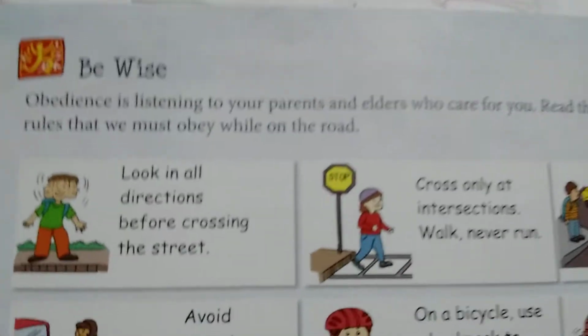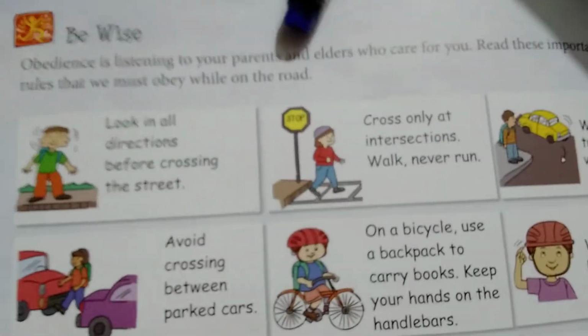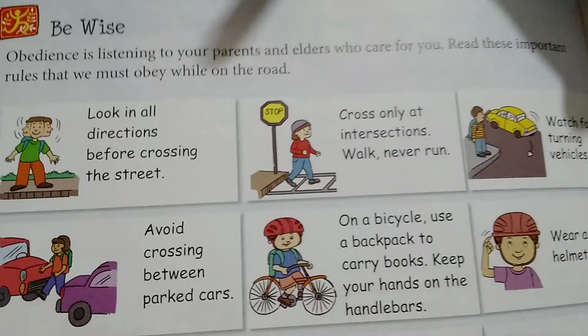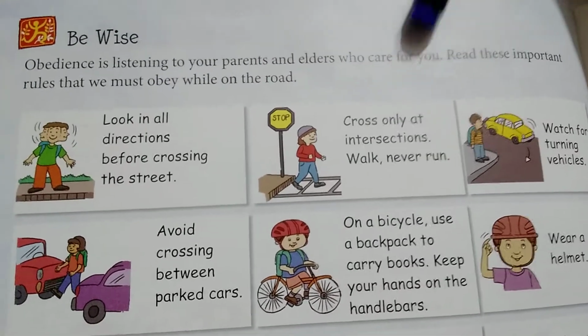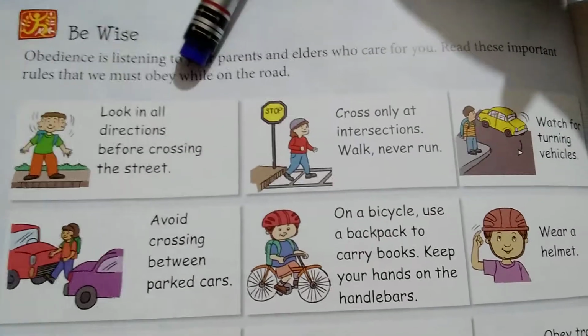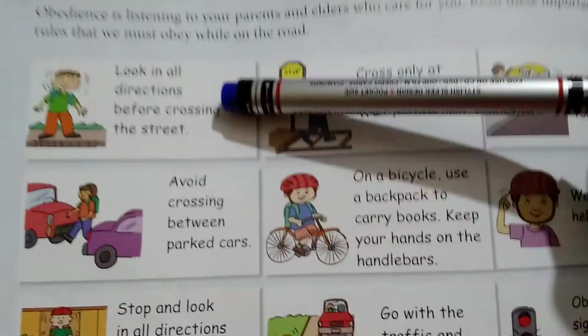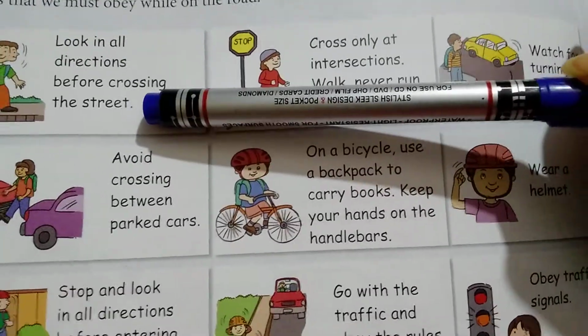Next, be wise. Obedience is listening to your parents and elders who care for you. Read these important rules that we must obey while on the road. First, look in all directions before crossing the street.